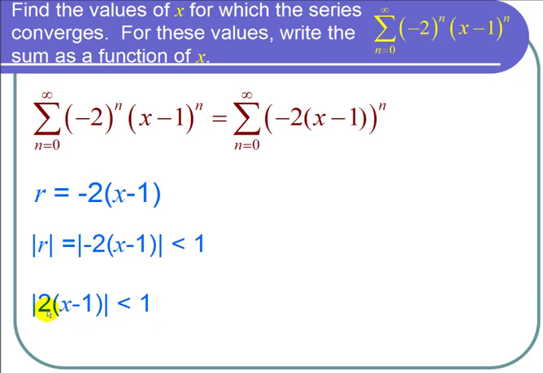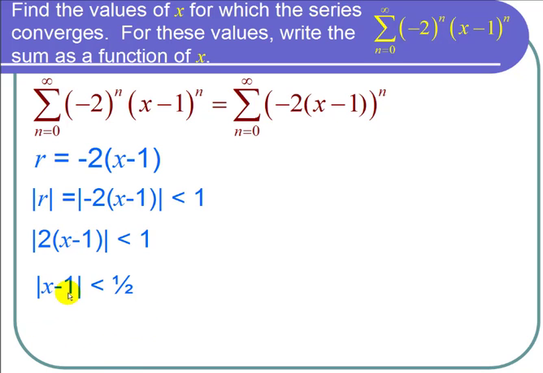And we could divide by 2 on both sides, and we're always allowed to divide by a positive number and take it out of the absolute value. And what I get is that the absolute value of x - 1 is less than 1/2. So this is equivalent to saying that x - 1 is between -1/2 and 1/2.